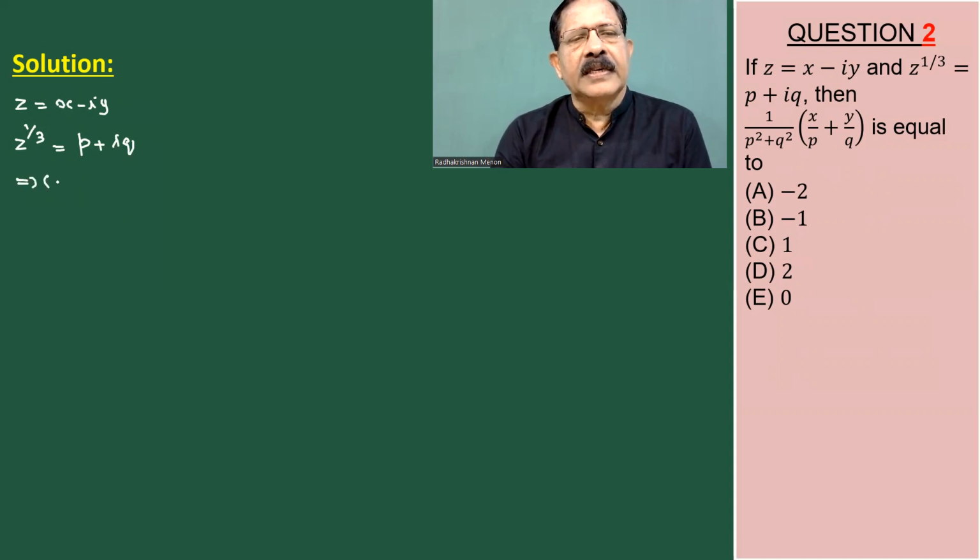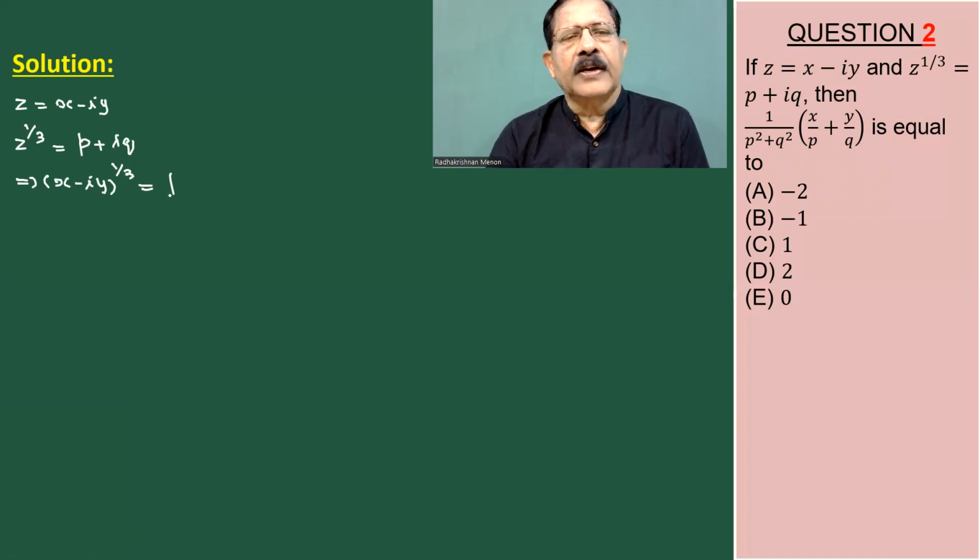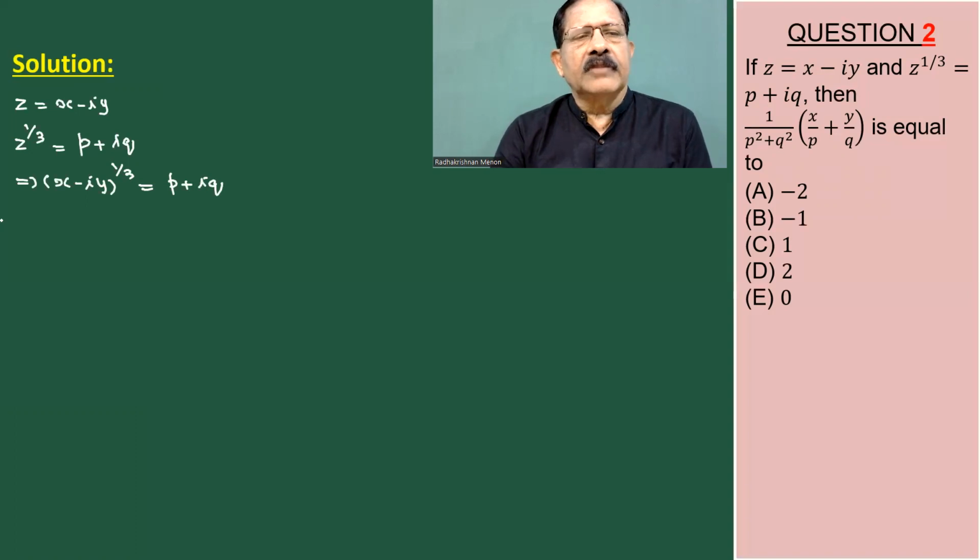So this is nothing but (x minus iy) whole raised to 1 by 3 equal to p plus iq. So we are cubing both sides because we are to find the values of x and y in terms of p and q. So when we cube it, the left side we have got x minus iy. So we are cubing the RHS.